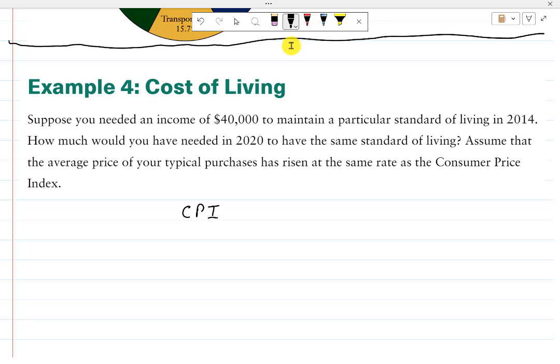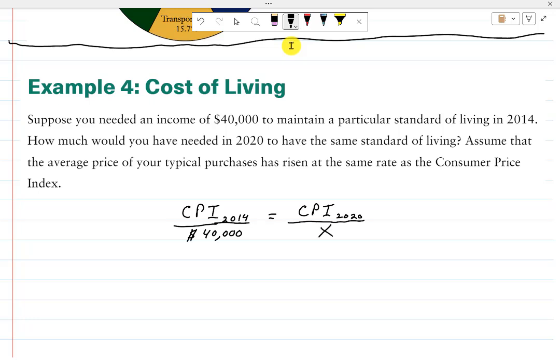The index number for 2014, this is the notation your book uses, that'll be the CPI for 2014, and we were spending $40,000 back then. And then you want the CPI number for 2020. We don't know how much we would have that day, so I'll just put a big X there.